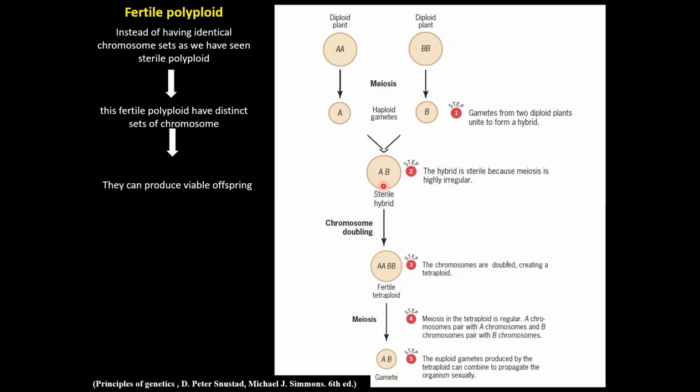In this sterile hybrid, if duplication of chromosomes takes place, it produces a fertile tetraploid, because the A chromosome will pair with its perfectly homologous A chromosome. Similarly, B will pair with the perfectly homologous B chromosome. Now this fertile tetraploid produces euploid gametes. Fertilization from these gametes produces a tetraploid zygote, and the zygote will survive because the parental chromosome sets are balanced.